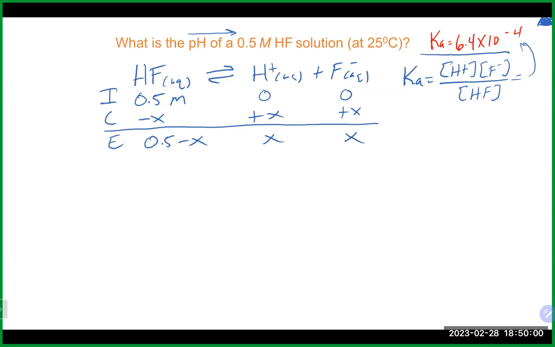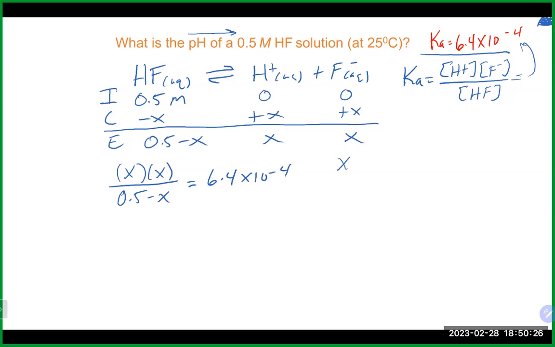And just like a normal equilibrium problem that we've done before, the goal here is really to figure out what x is, because that is ultimately what's going to help us figure out the pH. So we're going to put our equilibrium line into our Ka expression. That will give us x times x divided by 0.5 minus x equals 6.4 times 10 to the minus 4.